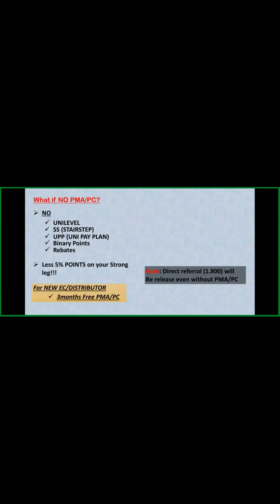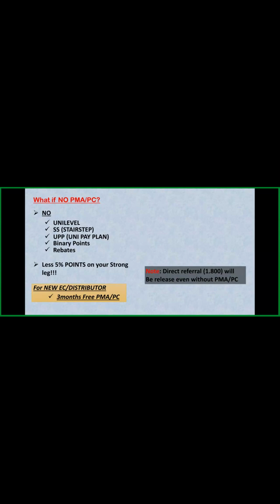Now, for a new member, let me explain for you guys why for new members, you should not be worried. Are you together? The system inakupea 3 months, first of all, for you to settle down and learn how the business works. So you don't have to worry about being a new member.